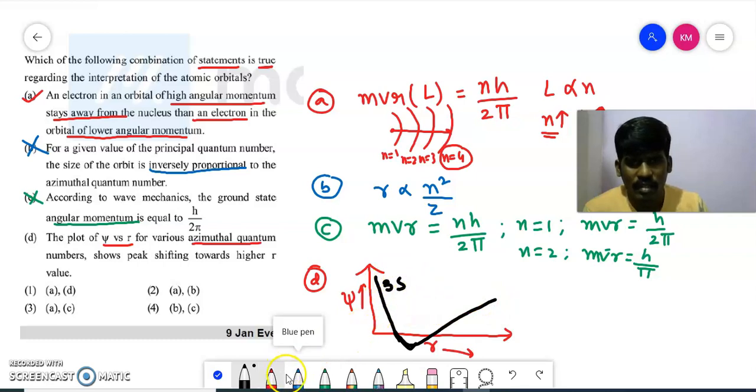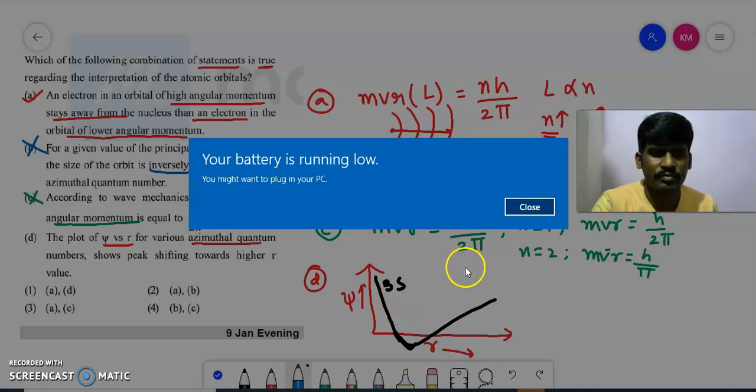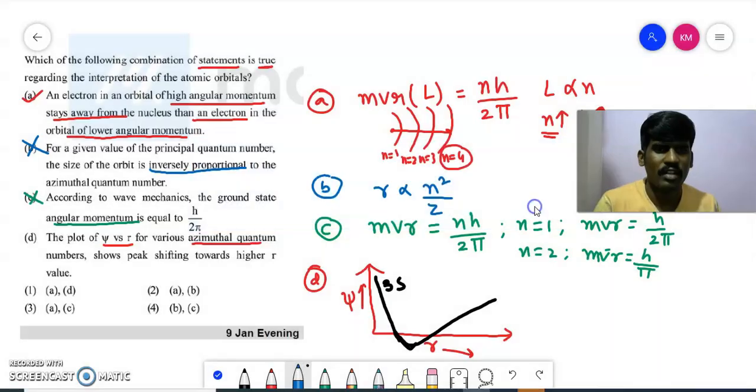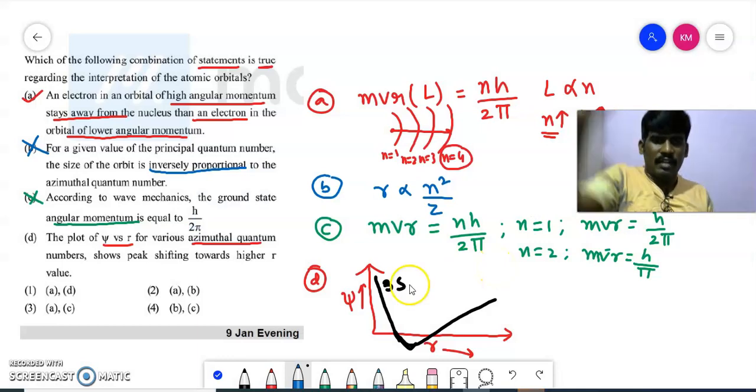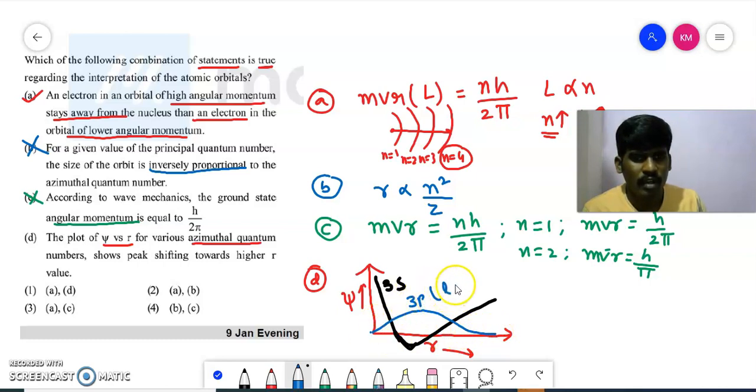Now similarly, if I take the next, the 3p orbital, the 3p orbital can be given as, just hold on a second, now it's fine. This is for the 3p orbital. For the 3p orbital, L value is equal to 1, and for the 3s orbital, L value is equal to 0.